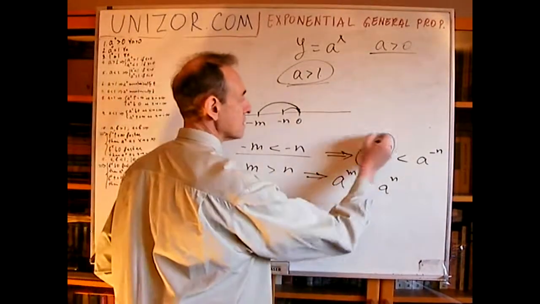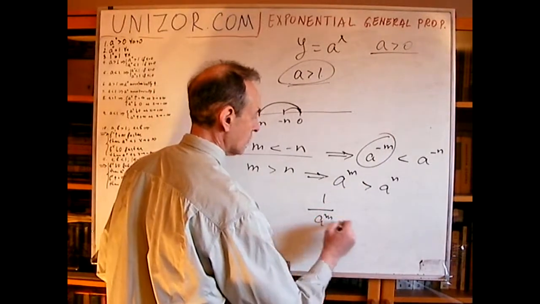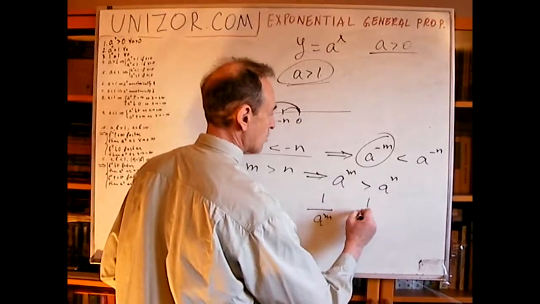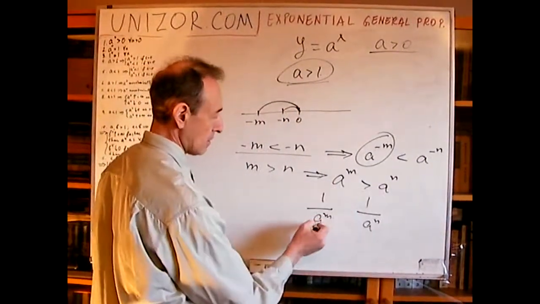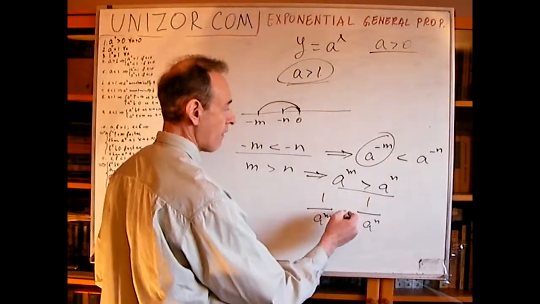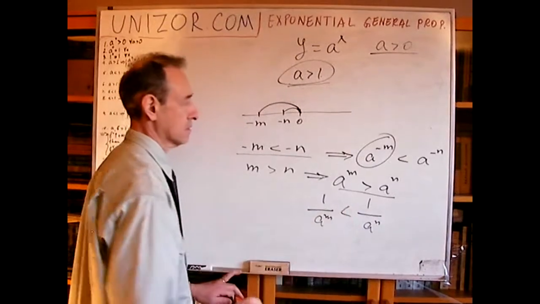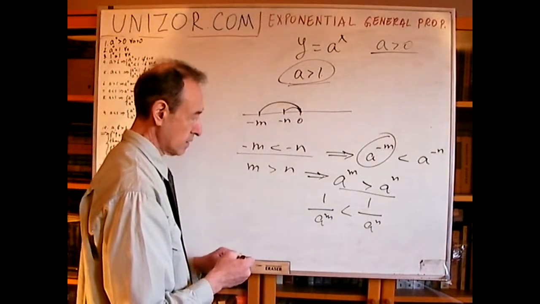Now, what is this? This is 1 over a to the m. And what is this? It's 1 over a to the power of n. Now, if denominators are in this relationship, then the whole fractions are in the opposite relation, right?